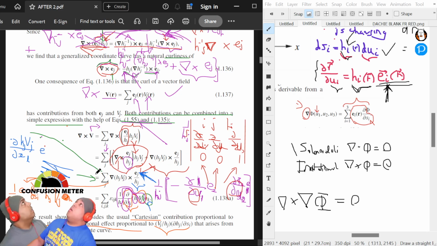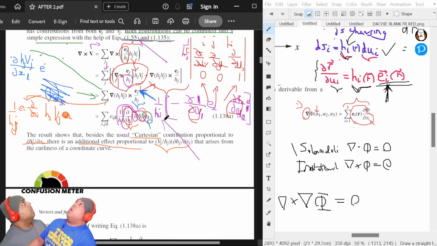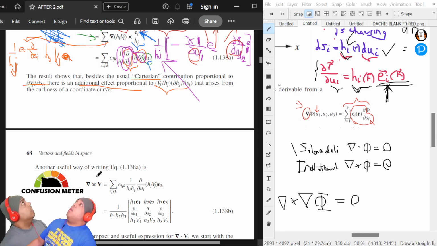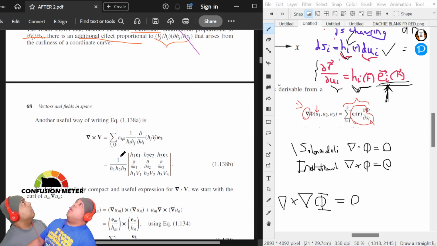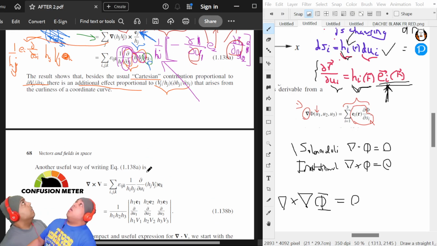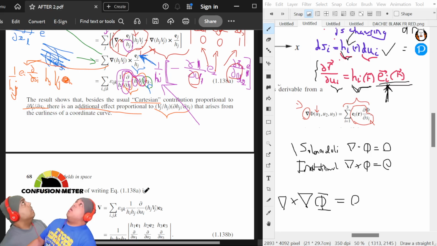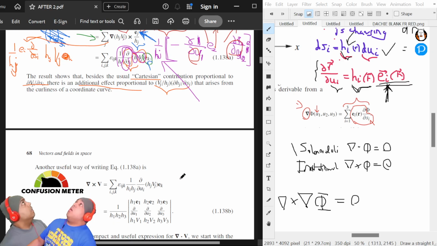Okay. Another useful way of writing this is curl of V equals the summation of epsilon IJK del UI HJ VJ EK. Yeah, this is closer to what I had in mind.